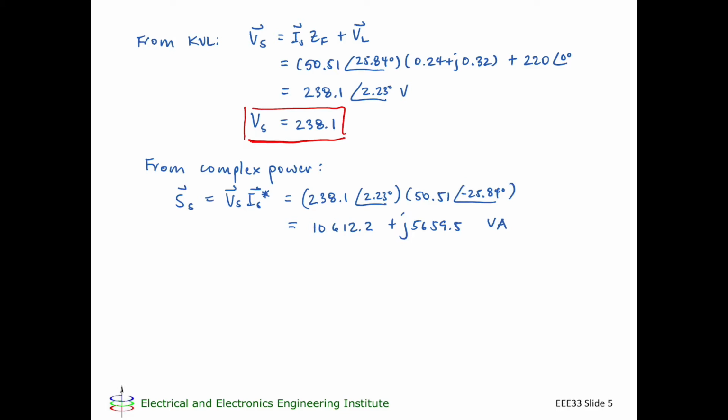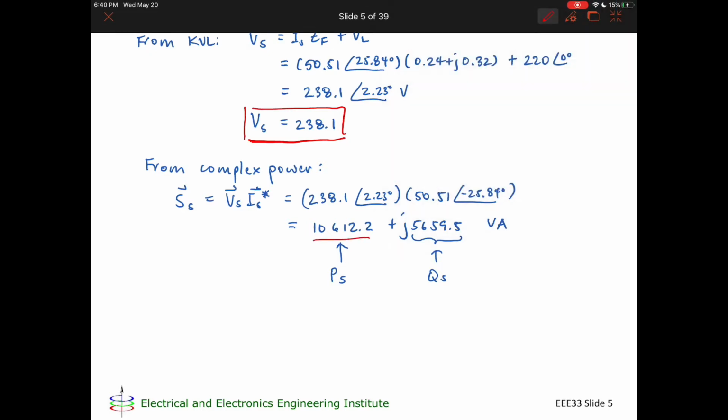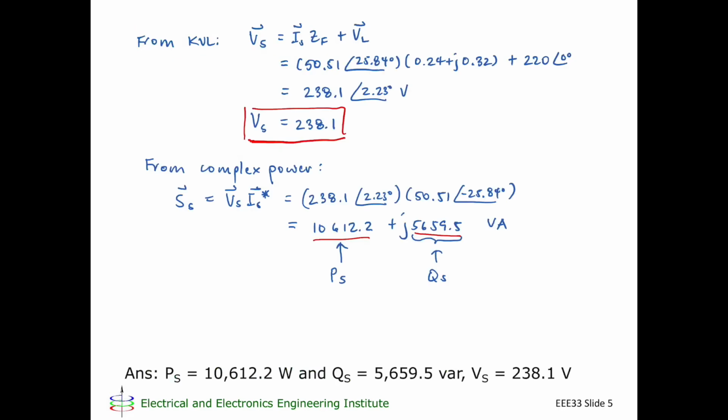But we know that complex power, this is actually P sub S, and this is actually Q sub S. So again, these are my answers. P sub S is 10,612.2, Q sub S is 5659.5, and V sub S is 238.1.